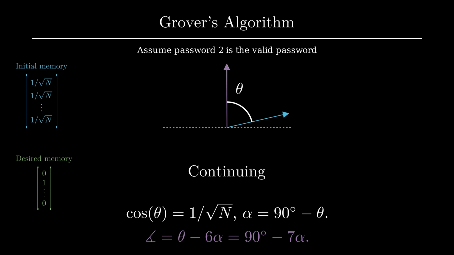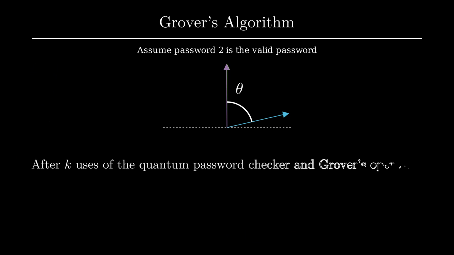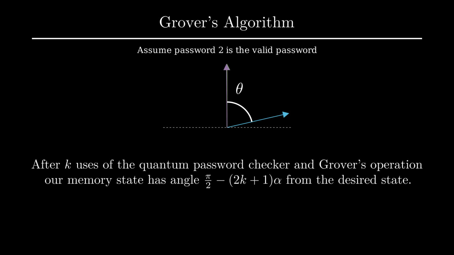Grover's algorithm requires that you stop doing the operations and look at your quantum state after a specific number of steps. You can verify for yourself that each time we do the two operations, the angle of the vector decreases by twice alpha. We start with an angle of 90 minus alpha, or pi by 2 minus alpha. After k steps, we are at pi by 2 minus alpha minus 2k times alpha.